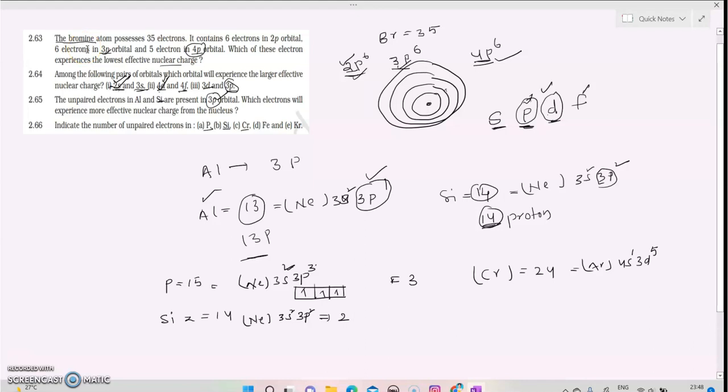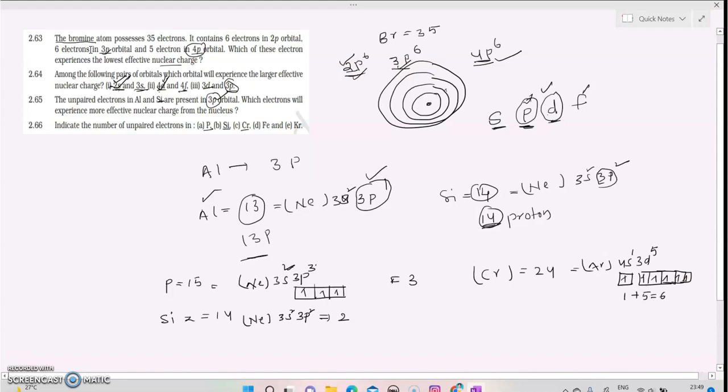So how many unpaired electrons are there? In the s orbital 1 unpaired electron is there. In the d orbital 5 unpaired electrons are there, as the d subshell has 5 orbitals. So here 1 and here 5. Total how many unpaired electrons are there?